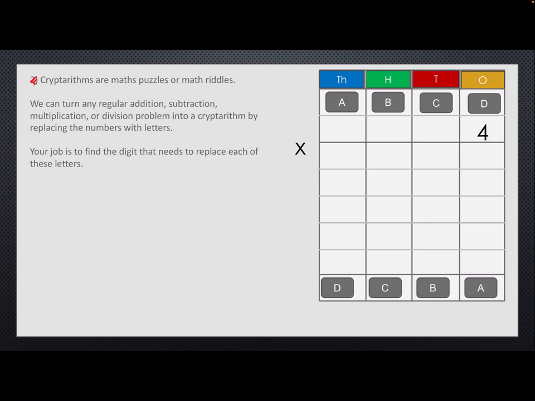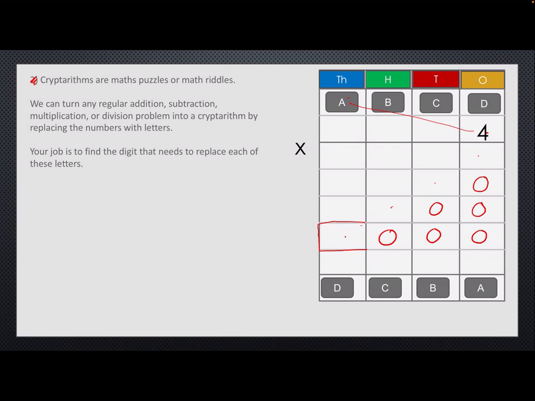Now, because it's a 4-digit number, I haven't just got a multiple of 10 and a multiple of 100. I've got a multiple of 1,000. 4 times something will go in there, 4 times something will go in there, 4 times something will go in there, and 4 times something will go in there. Now, I'll give you a hint to get you started. Let's think about the letter A. 4 times something has got to go in this box.